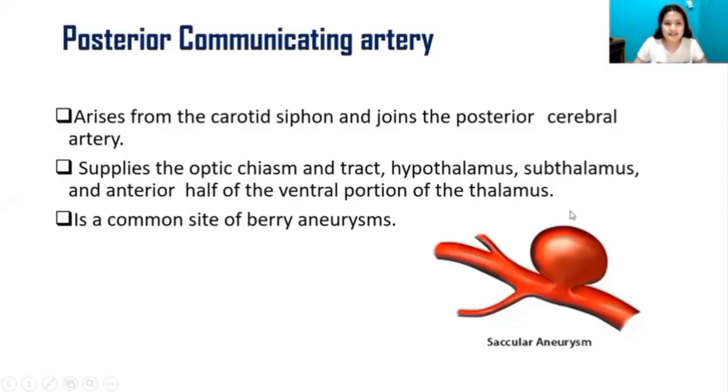So it supplies the optic chiasm and tract, hypothalamus, subthalamus, and anterior half of the ventral portion of the thalamus. It is a common site of berry aneurysm. Berry aneurysm is also known as saccular aneurysm. So it looks like this. It is called berry aneurysm because the shape of the aneurysm looks like a berry.